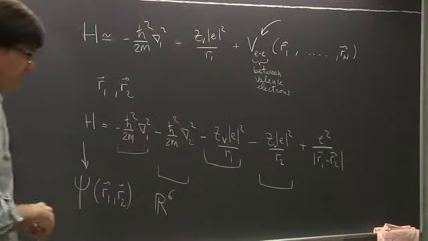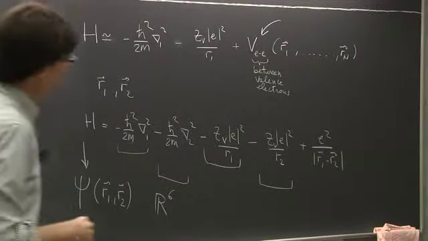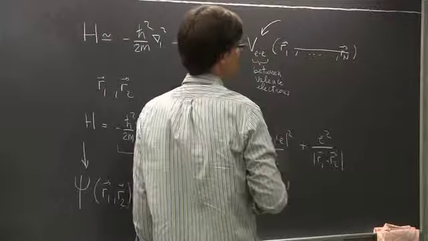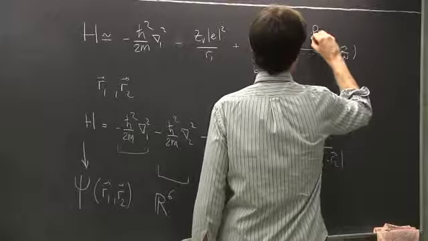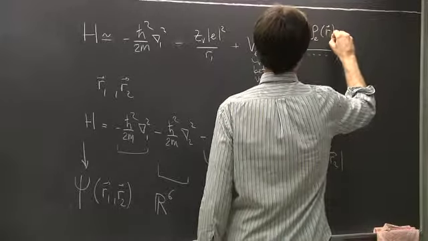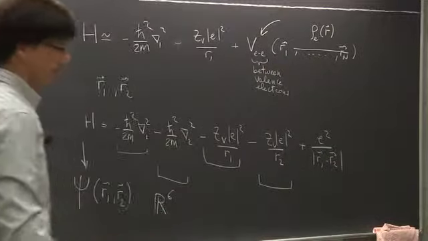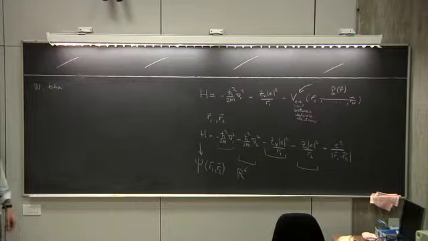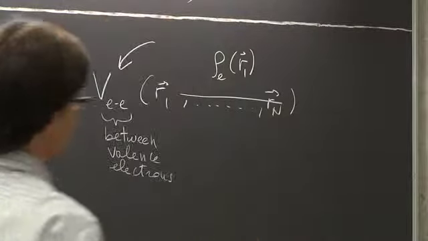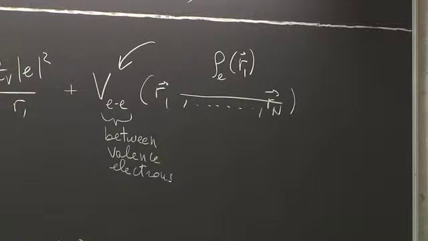The theorem states the following. You can remove all this and replace it with the total charge density of the electrons at point R1, because that's the position of the particle.